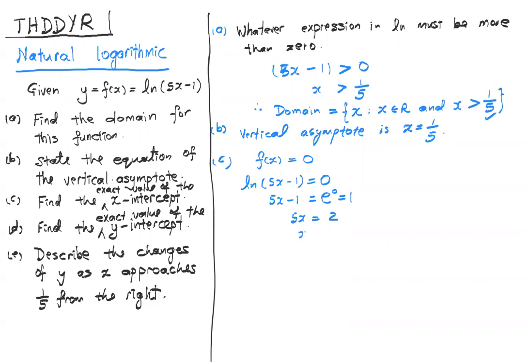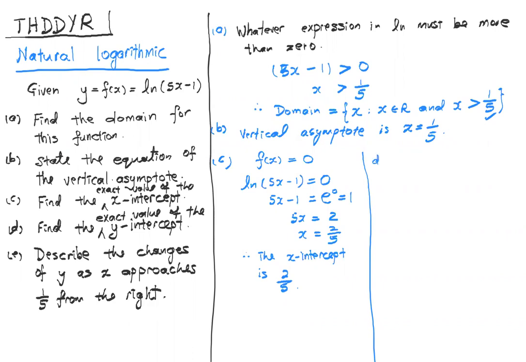So my x will be equal to 2/5. So therefore, the x-intercept is 2 over 5. Okay. Are you okay? So that is how you find and state it.